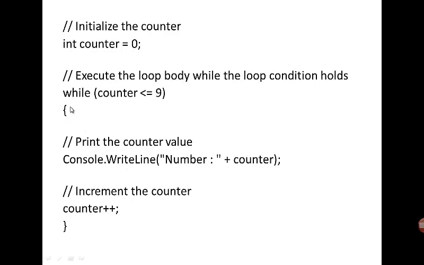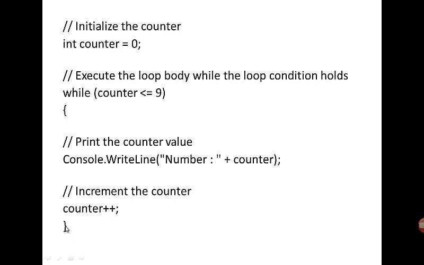Here we declare a variable counter of type int and we initialize it to 0. Then we say while counter is less than or equal to 9, we want you to print out the number, and it will stop once counter is greater than 9.